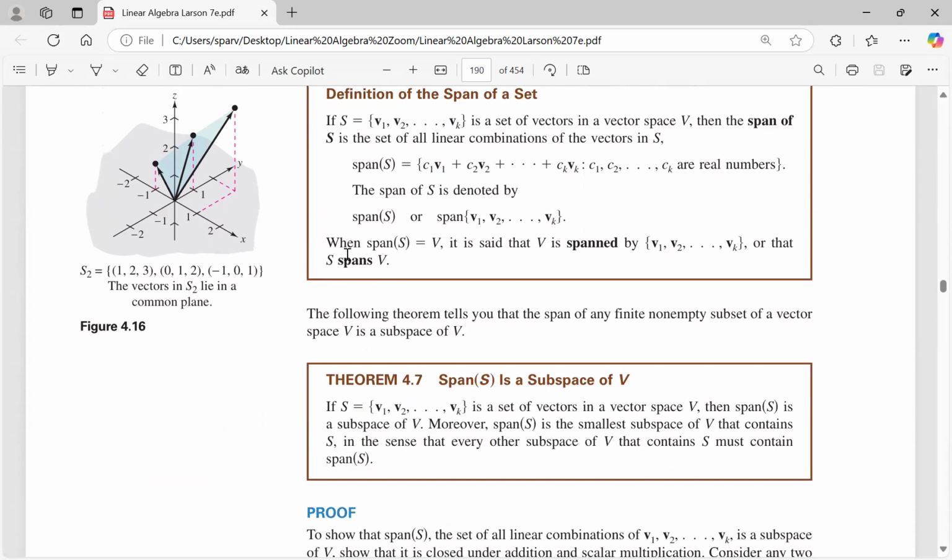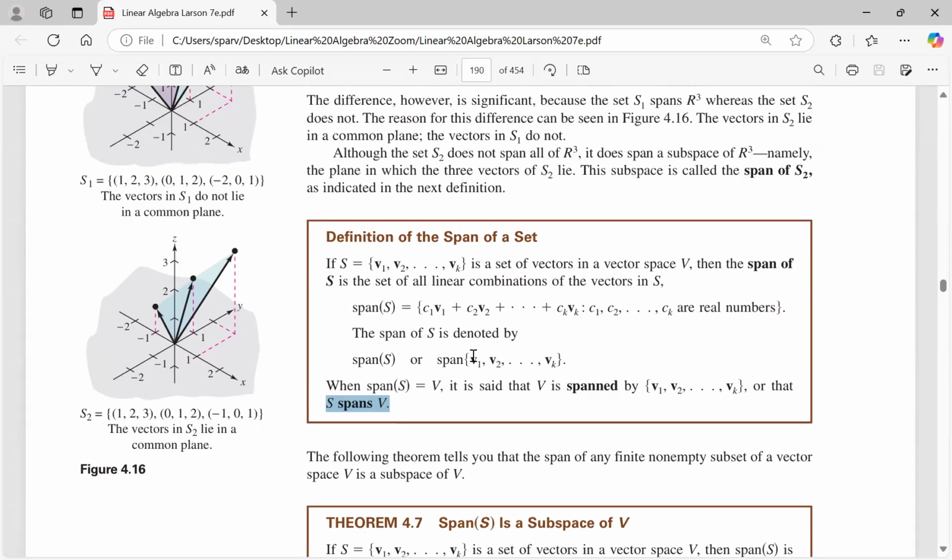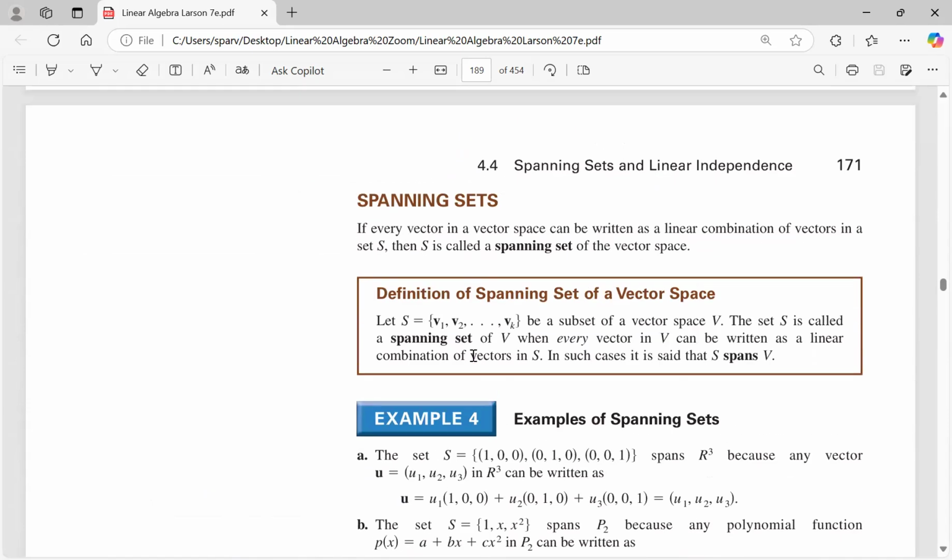When the span of S is equal to the vector space, then V is spanned by these vectors. S spans V.